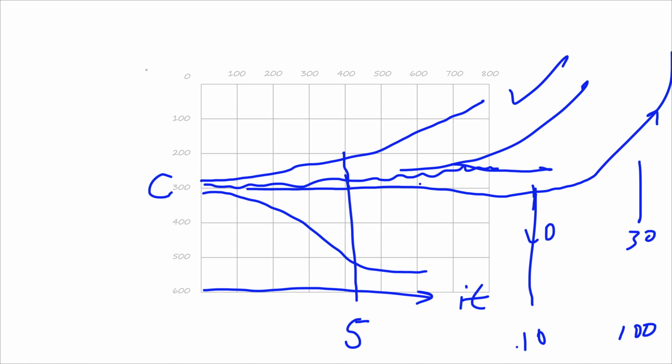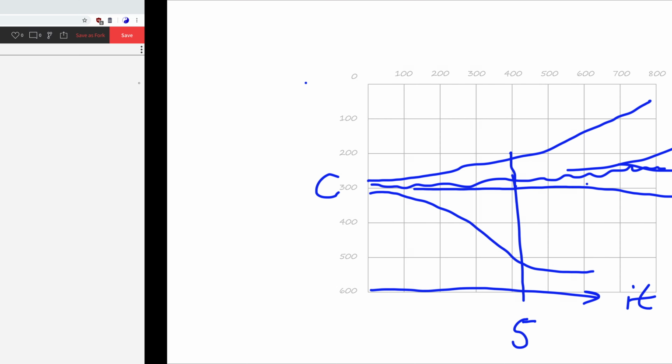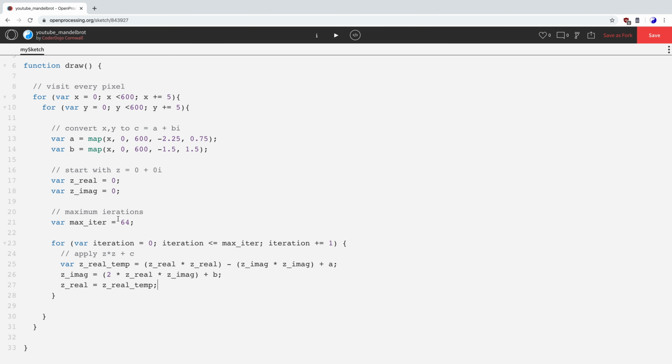Because unlike mathematics, which can talk about infinities and testing things for infinity, our actual code can't. So we've said 64 iterations. So what's the logic here? Well, we keep iterating for 64 iterations, or we stop.